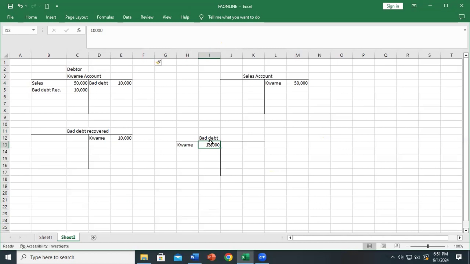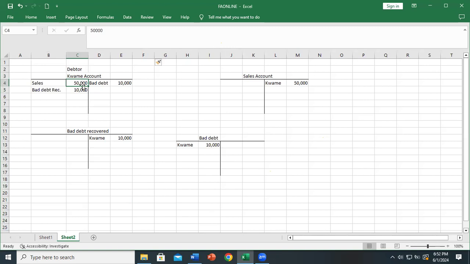Now, Kwame said that, oh, you don't have to cancel that debt. I'll pay it back. So we recovered it. So look at the entry we passed for the recovery. You would see that it is going to cancel the earlier writing off we did. So in a way, the debt will be reinstated. So Kwame was owing us, we canceled 10, he says he can pay, so we recovered it. And for that matter, he would still be owing us the 50,000.